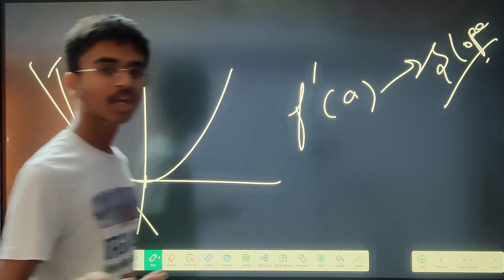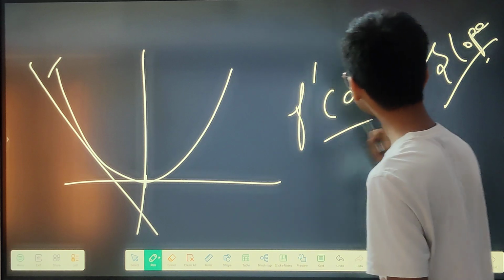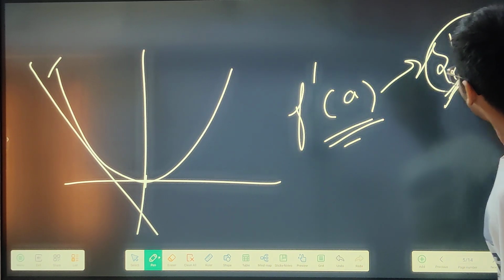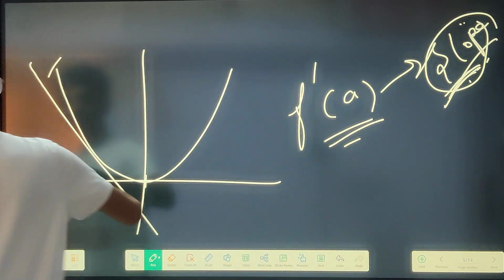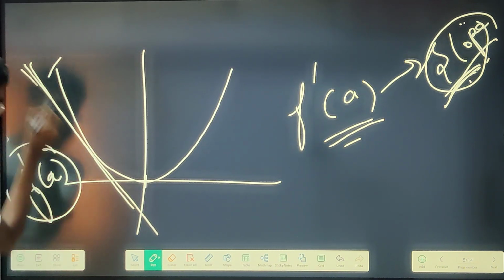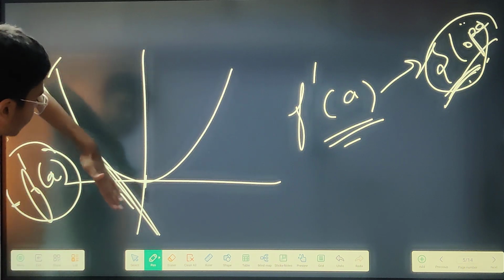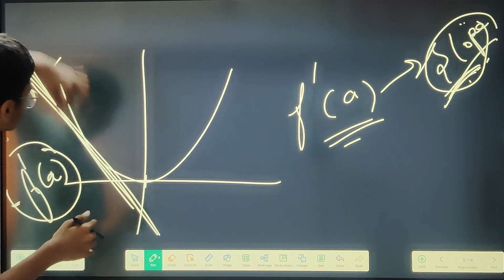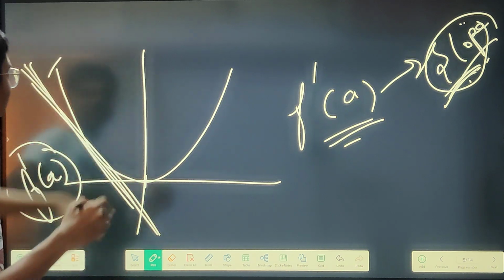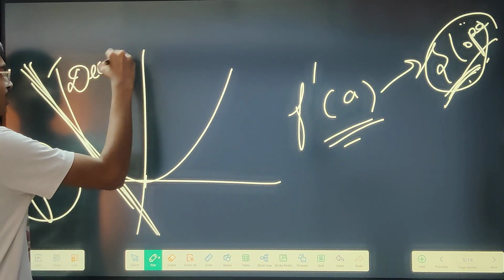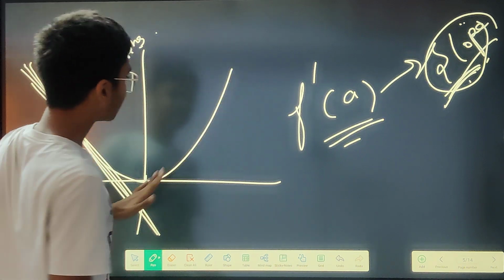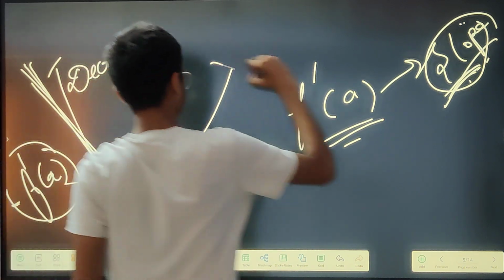If your f dash a is less than 0, that is, if your slope is negative, then automatically it is going to be like this only. Whenever you have a slope like this, the direction is downwards, so it is going to be decreasing. Then you take the next part of your f of a.